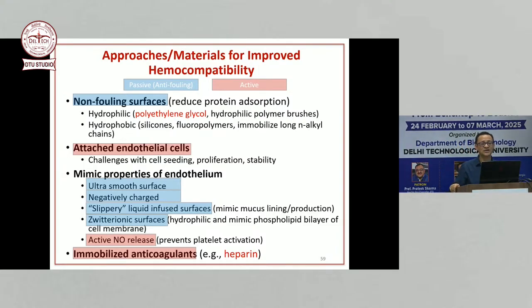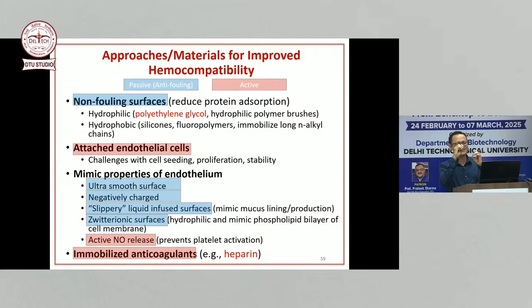You can attach endothelial cells, because when the endothelial cell layer is there, blood is just flowing nicely on endothelial cells. When somebody gets a vascular graft or stent, you want endothelial cells to grow on the surface because it's almost a permanent implant.